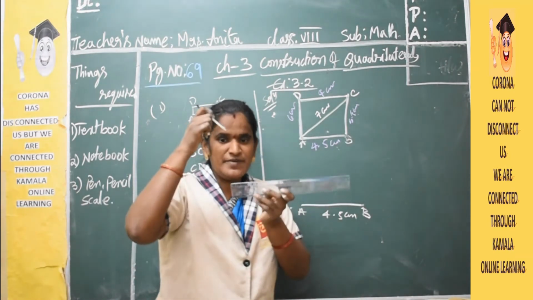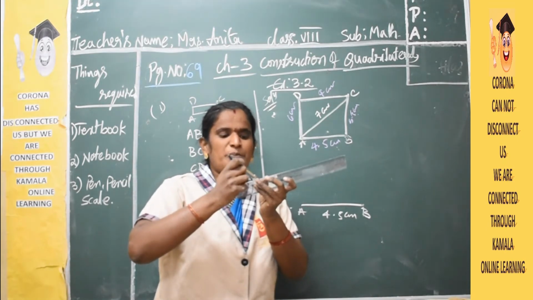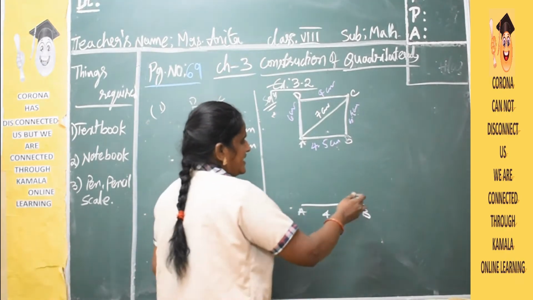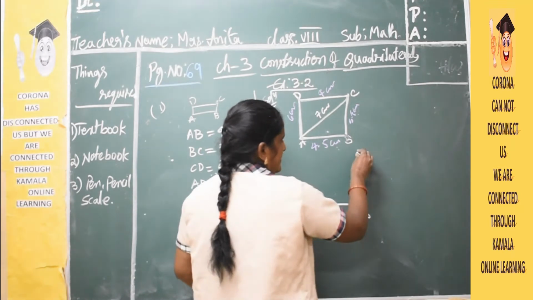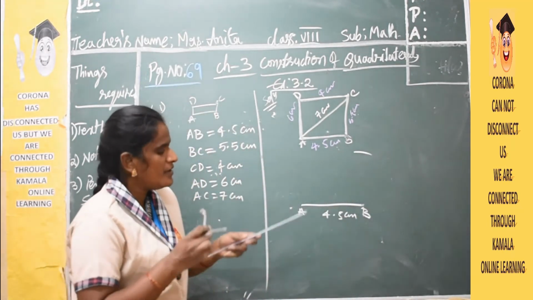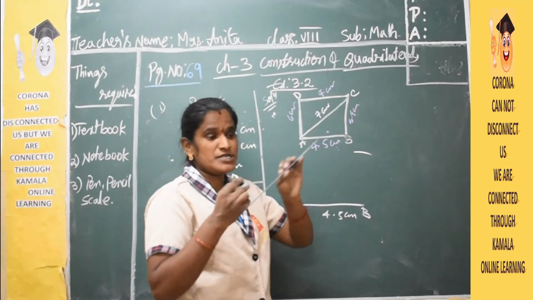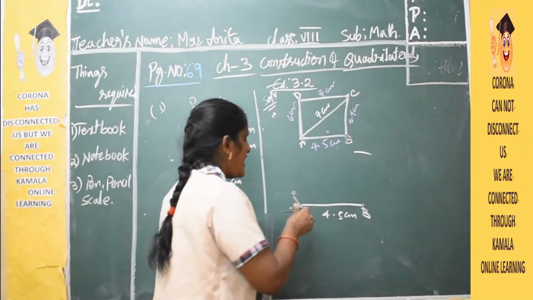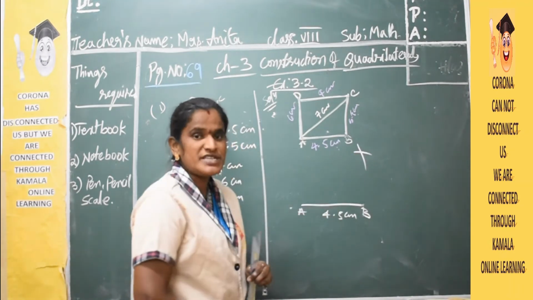B as a center, you have to draw the arc like this. Next, same, use compass. Take the measurement 7 centimeters on ruler. A as a center, draw one more arc. It touches the previous arc.